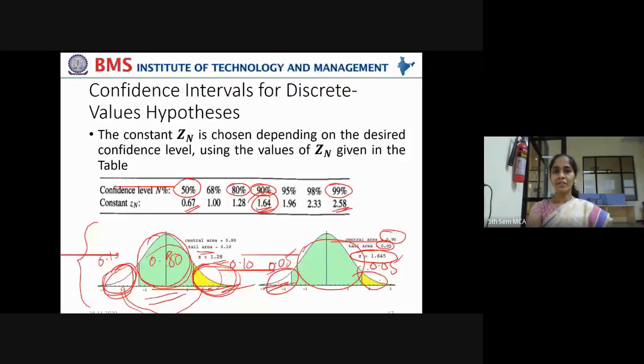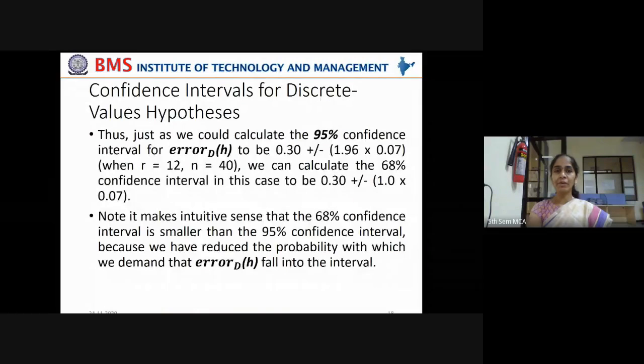Thus, just as we could calculate the 95% confidence interval for true error, how we calculated this, we know, right? 0.30 sample error plus or minus critical value multiplied by square root of sample error into 1 minus sample error divided by n.